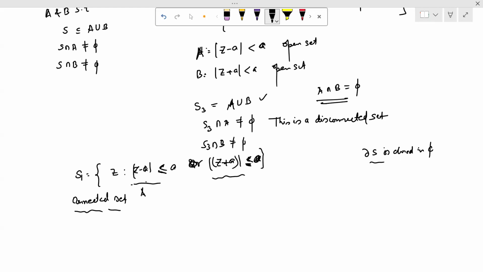So you cannot take this entirely as A, and you cannot take this entirely as B now. If you want to take, you have to take open. But then this will not be justified, because then your S1 cannot be contained in A union B, because you are then missing the equal ones. Are you getting my point? So you cannot write it in this manner. Is that fine or not fine?